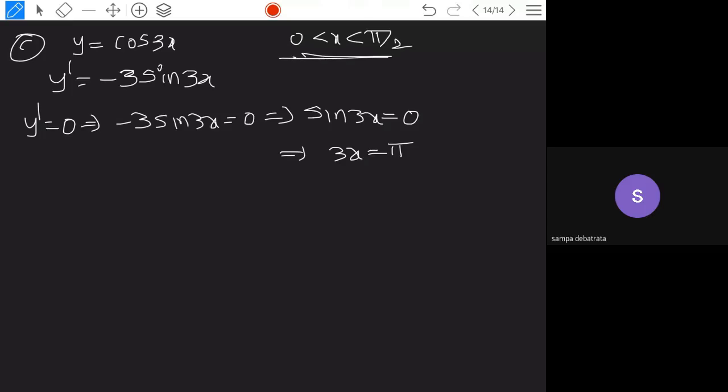So 0 less than 3x less than 3 pi by 2. 3 pi by 2 is nothing but normally 270 degrees. So in the 270 degrees, at the place of 0 and at the place of pi, sin 3x can be 0, isn't it?